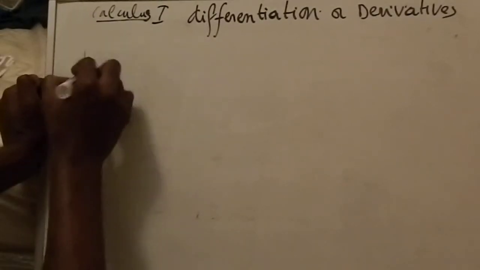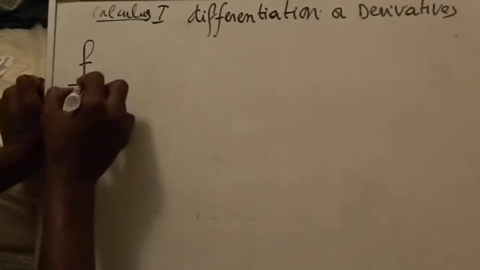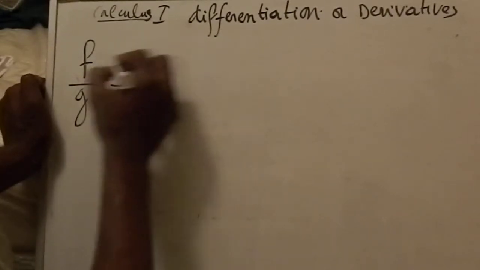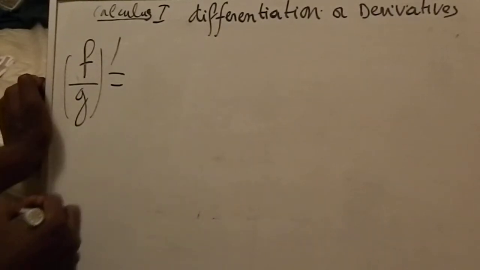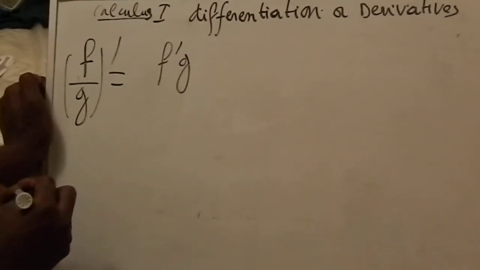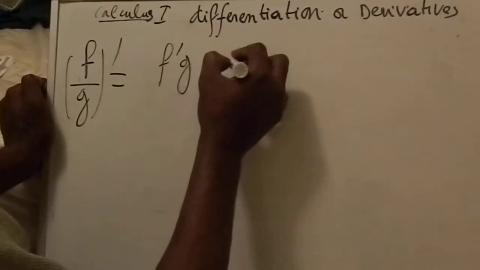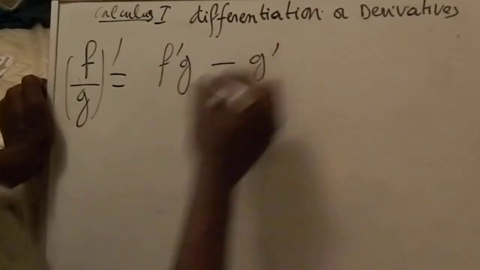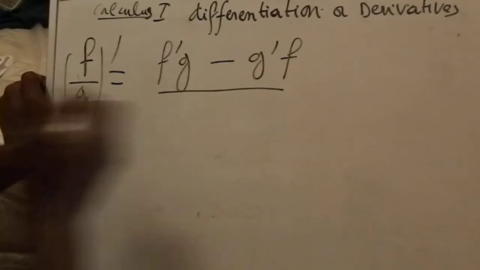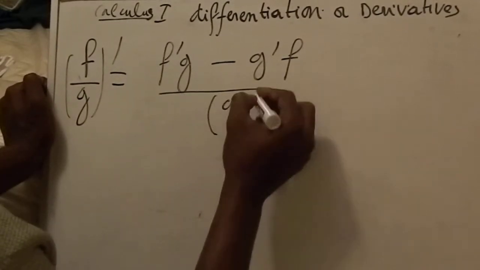Whenever you have two functions like this, a function f over g, the derivative of that is f prime g minus g prime f, all over g squared.